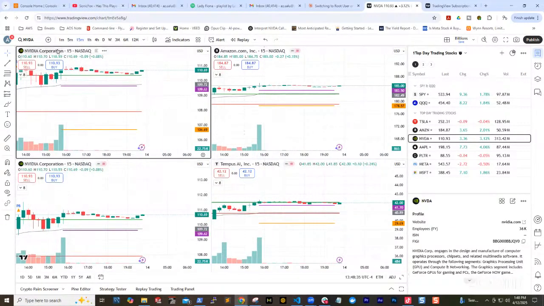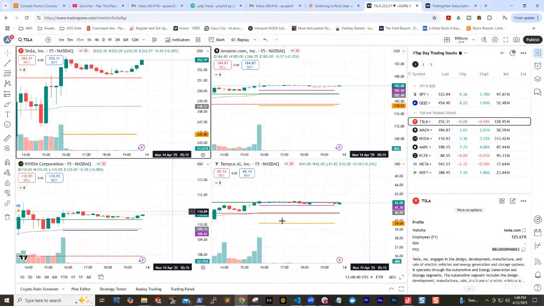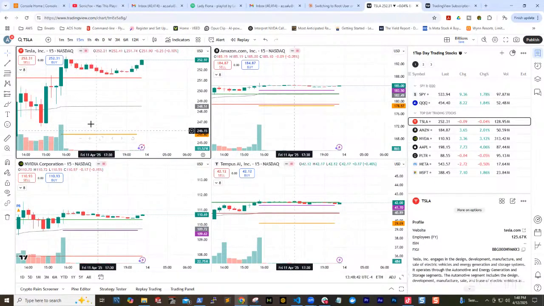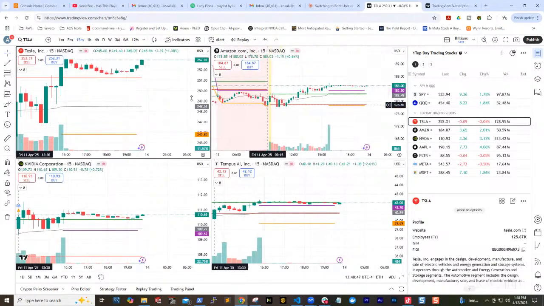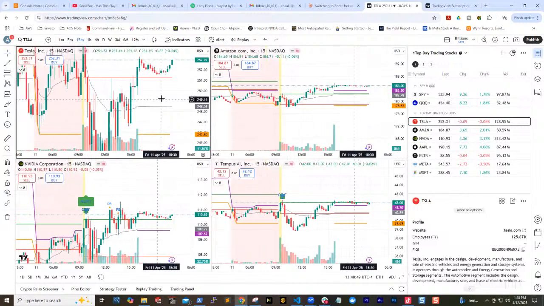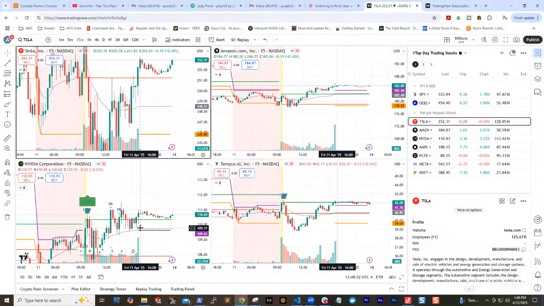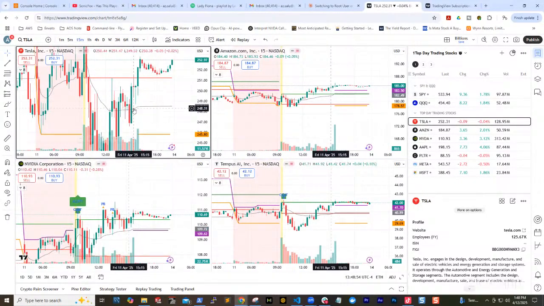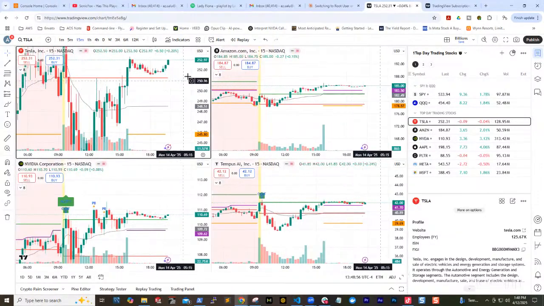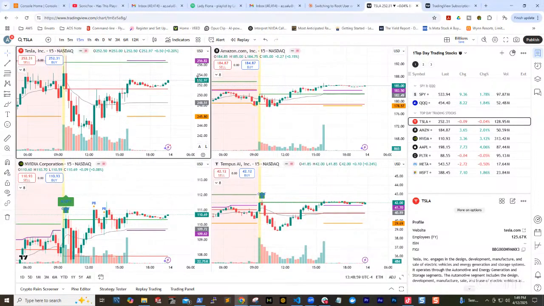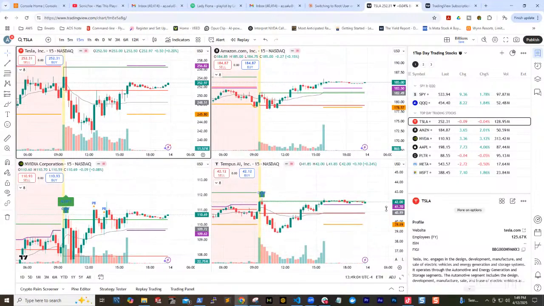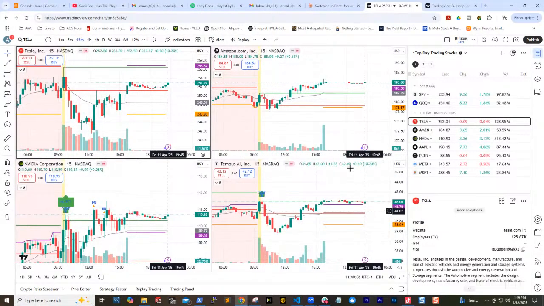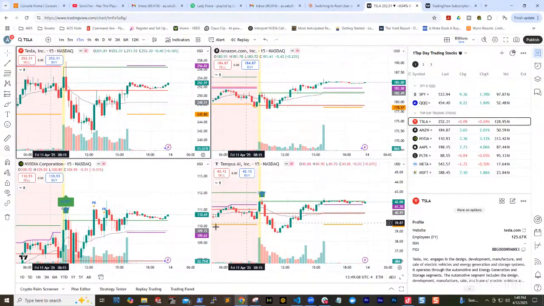So let me put Tesla here. This is Amazon, this is NVIDIA, and this is Tempest AI. You can see yesterday, let me show you their chart. Do you guys see the similarity between them?